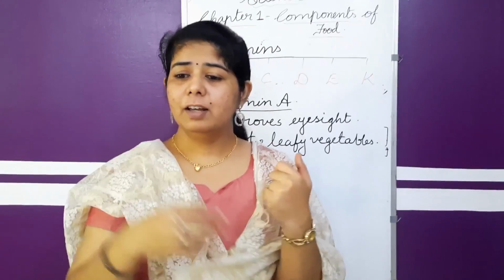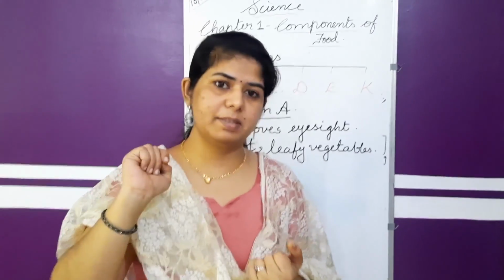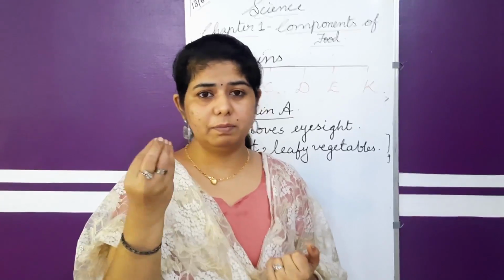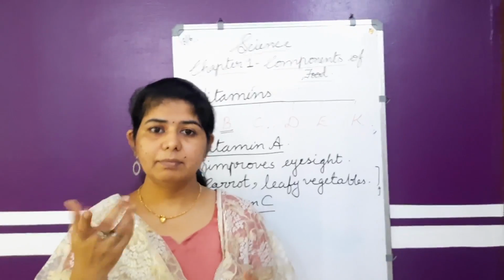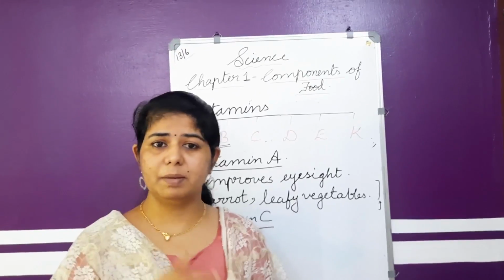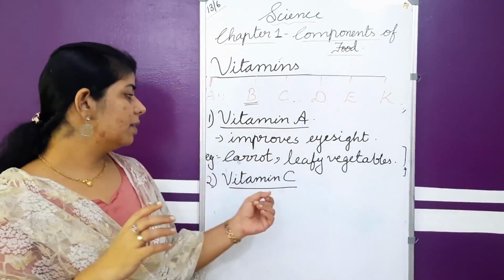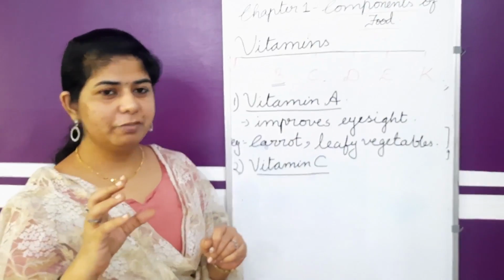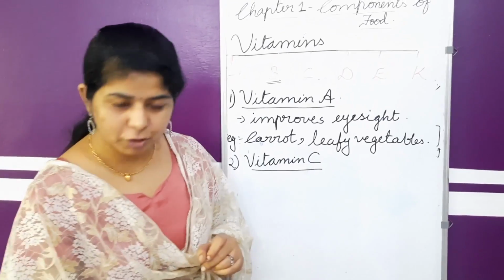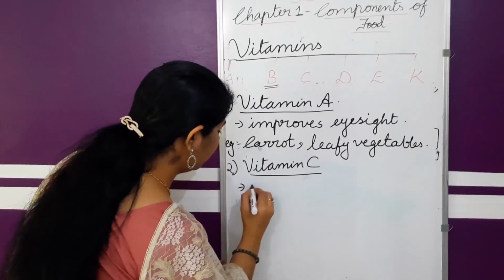And mainly the orange, lemon, we say here citrus, the sour fruits. This orange, lemon, musambi, like those fruits, they are rich in this vitamin C. Okay. So what's the duty of vitamin C? It helps us to heal the cuts in your body.